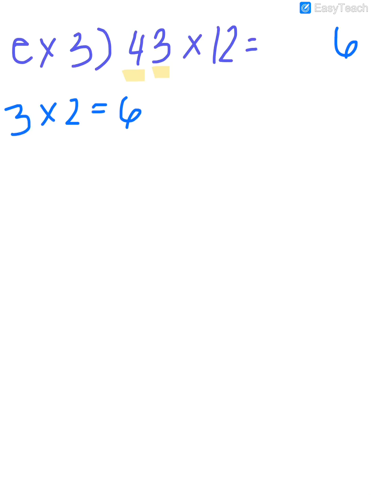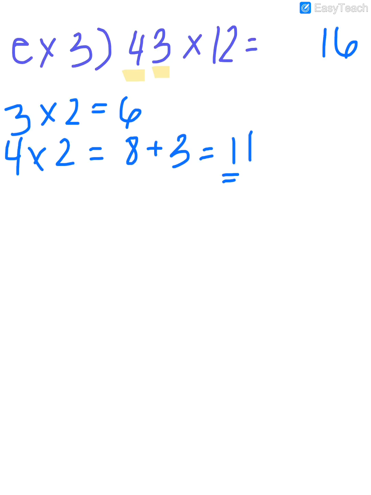You do 4 times 2, which is 8, plus 3, which is 11. So you write the 1 right there, and because this is a 2-digit number, you carry that 1.